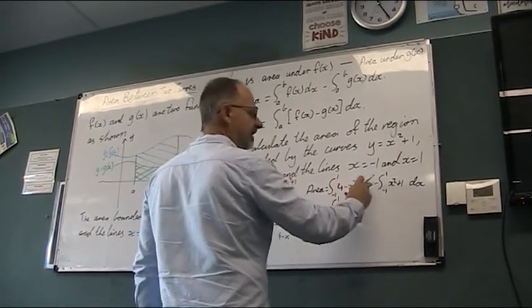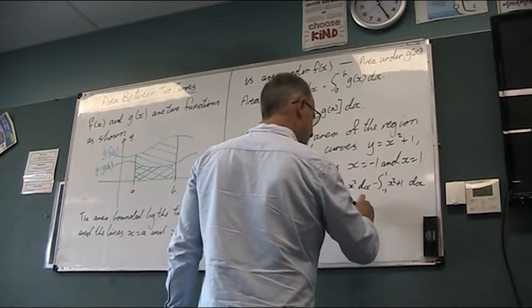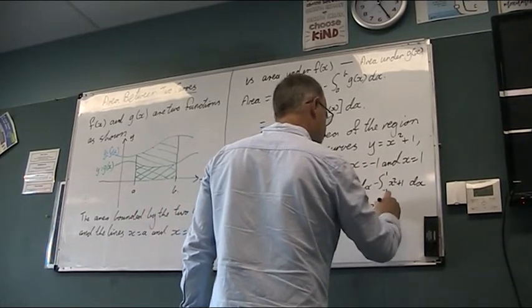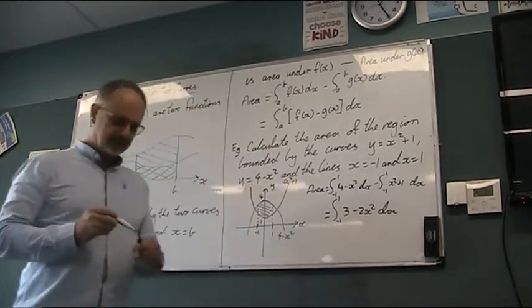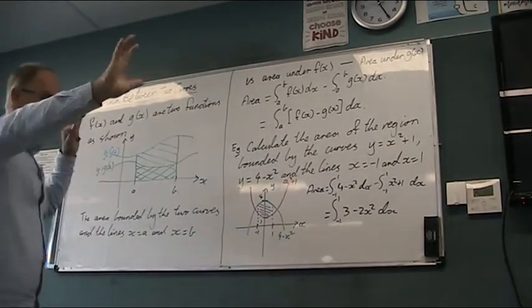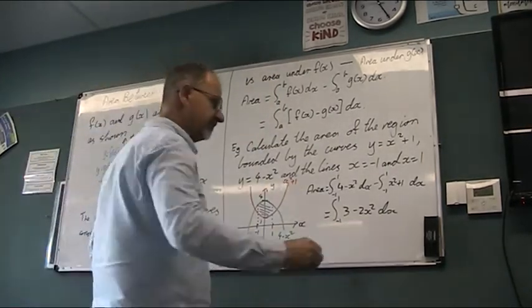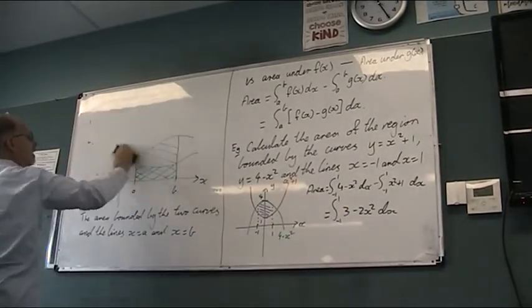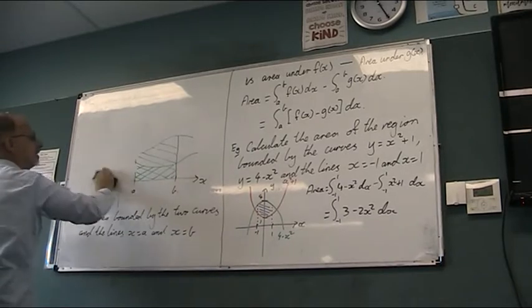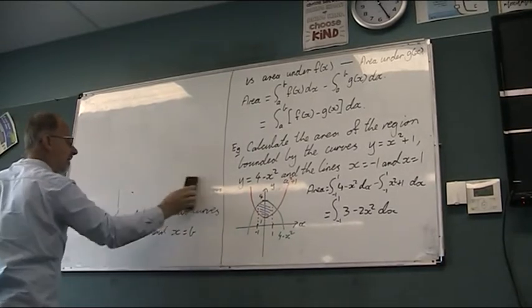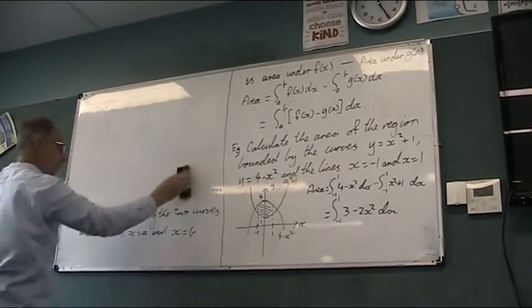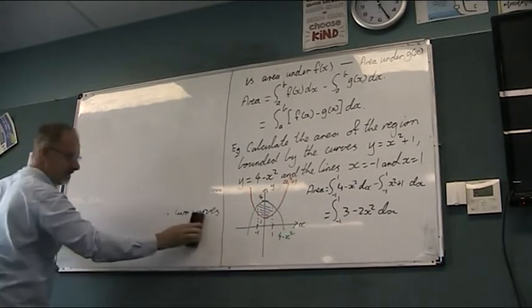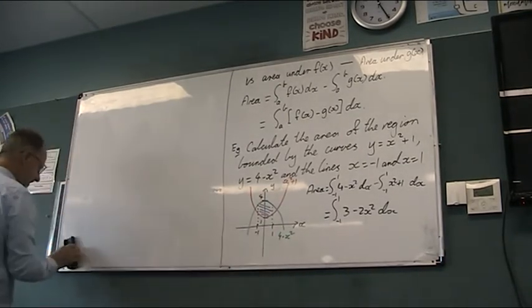And you've got minus x squared minus another x squared, so minus 2x squared dx. Or you could do them separate, doesn't really matter. In the end, to get the answer, whether you combine it like that or do two separate integrals and then subtract those answers.